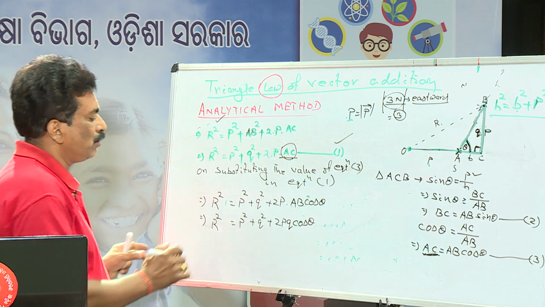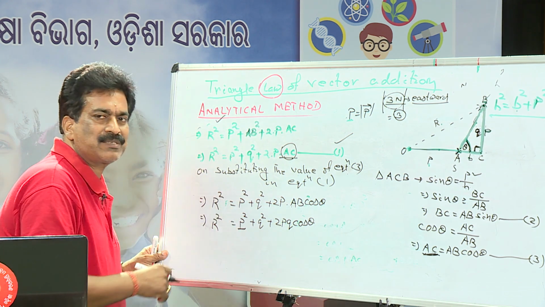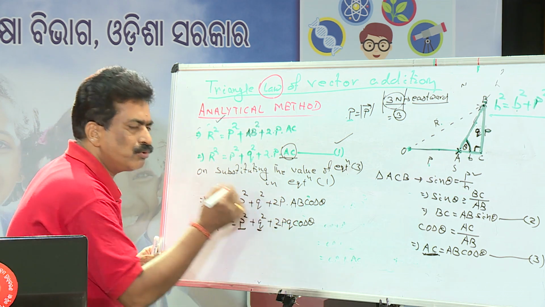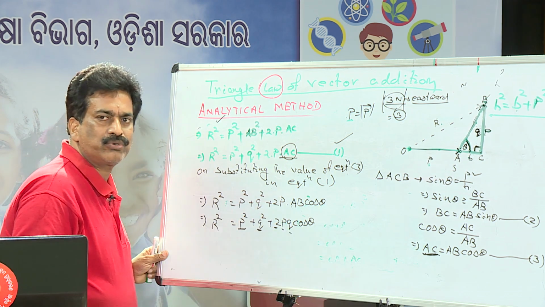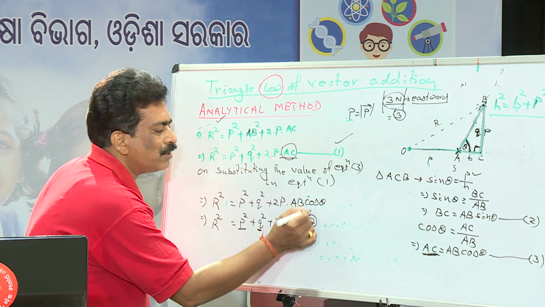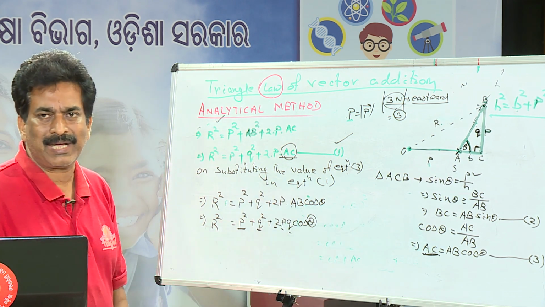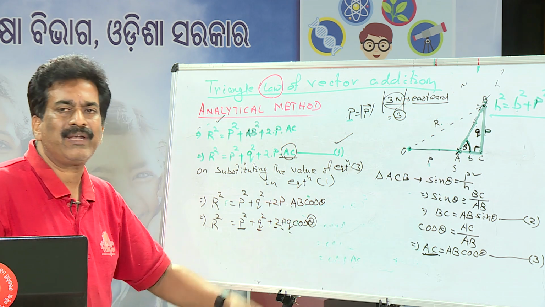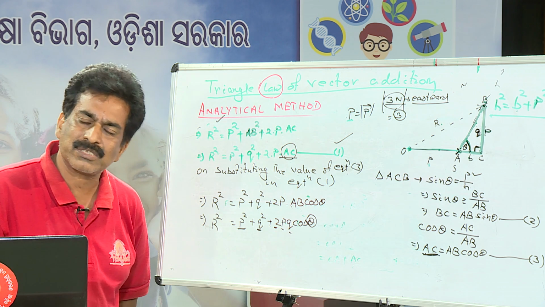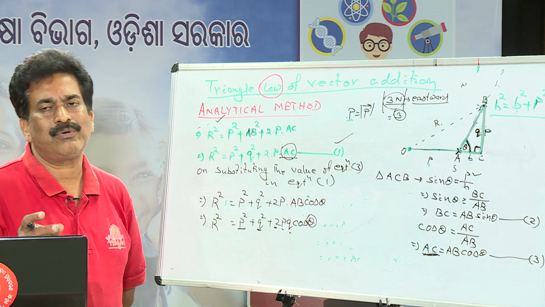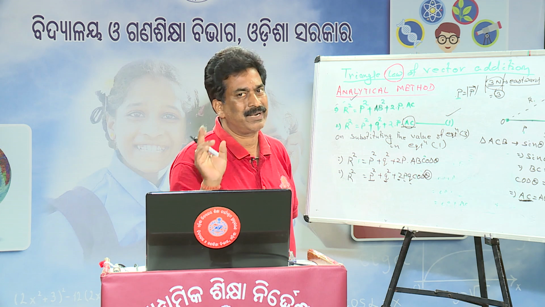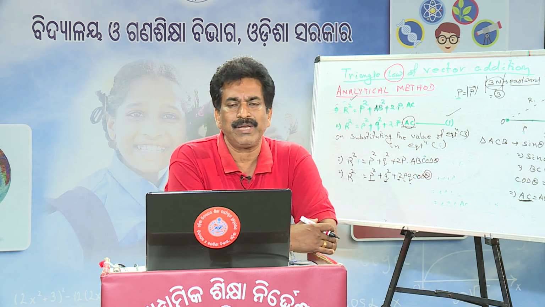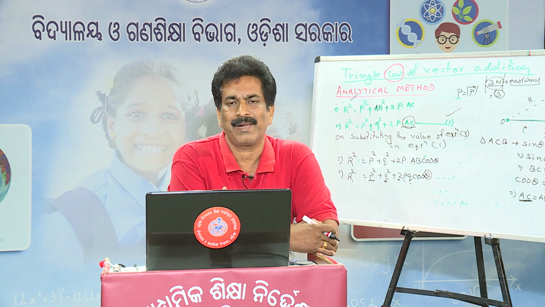Now, just go through it. The value of the first vector magnitude P we know, the value of Q we know, and we know the value of theta. If you know the theta value, you can find the value of cos theta. Cos theta always gives you a number. So, what will be the unit of cos theta?